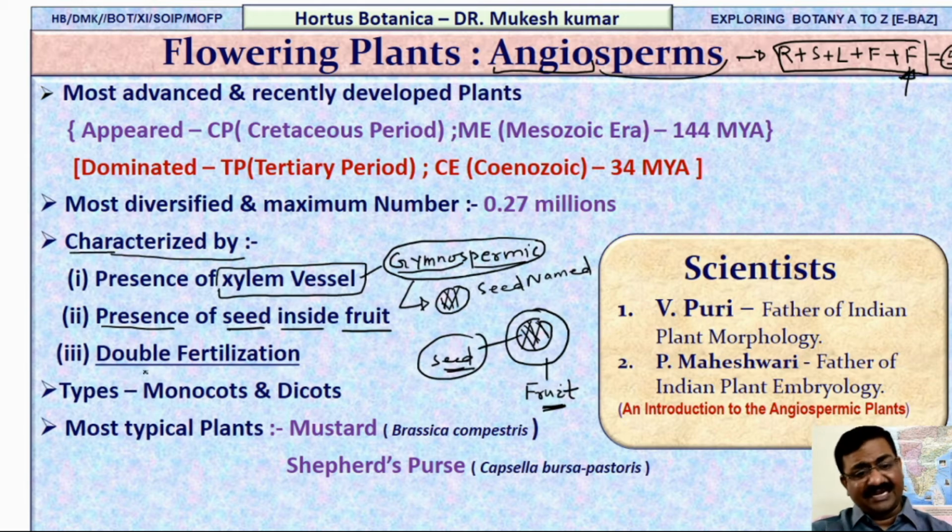Now, the second and very important one is double fertilization. This double fertilization was first described by Nawaschin in Lilium and Fritillaria plants. We will study it in detail during sexual reproduction of flowering plants, but in a nutshell, you must know about double fertilization.